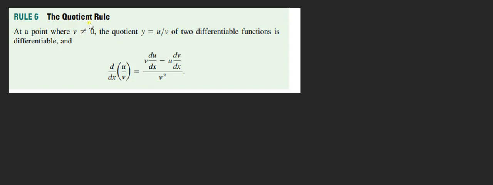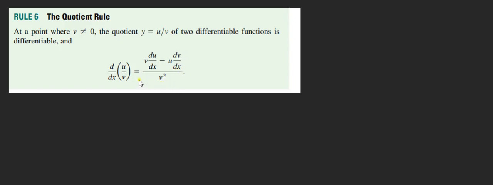Next, we have a quotient rule. You want to take the derivative of u over v, where v is not equal to 0, and they're both differentiable. So when you take the derivative of u over v, it's going to be v squared on the bottom. And then on the top, you are going to have v times the derivative of u minus u times the derivative of v.